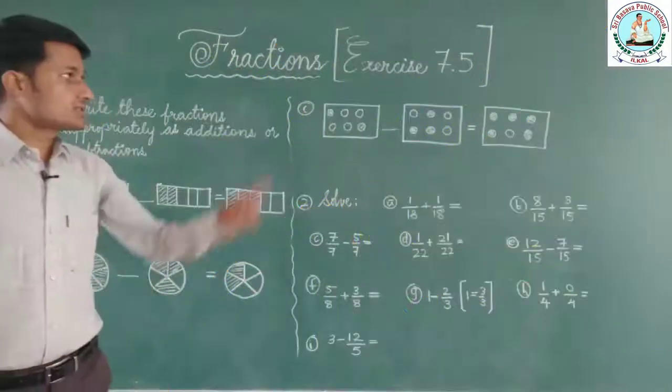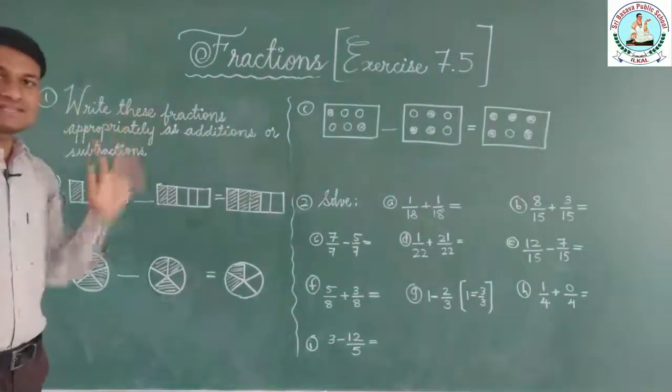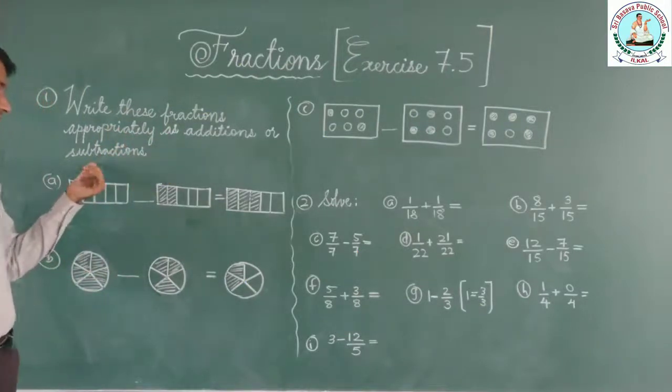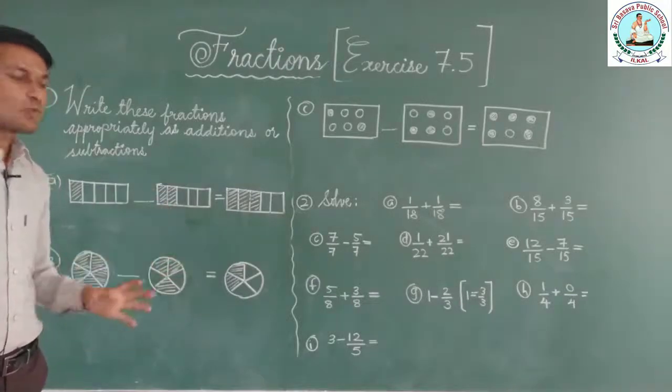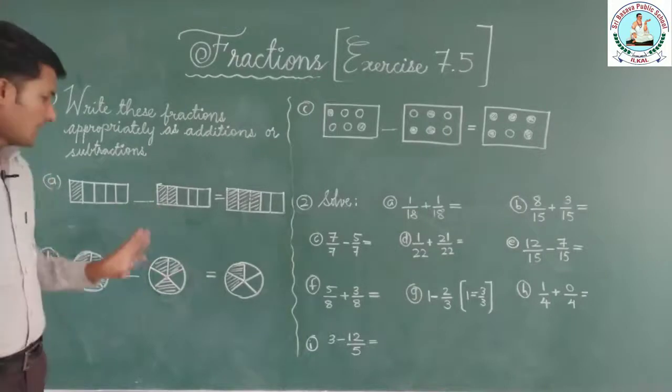Well students, let us solve exercise 7.5. Your first question is to write these fractions appropriately as additions or subtractions. See here, they have given some pictures. We need to find out which operation is performed here by looking at these pictures.